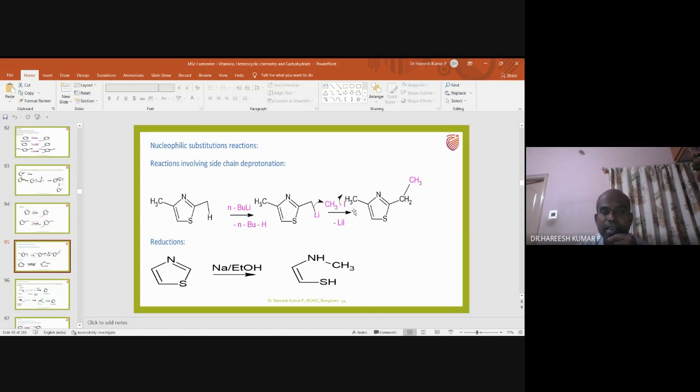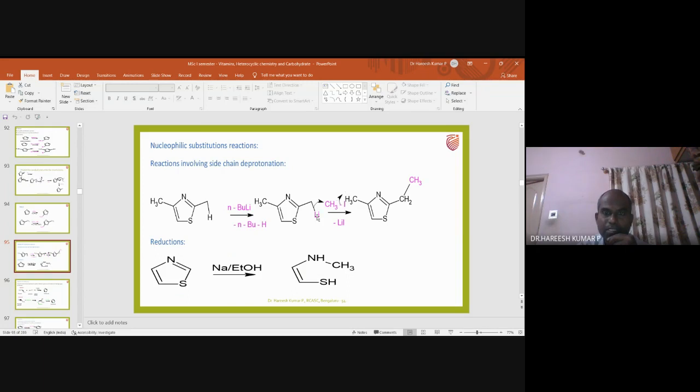That anion, that's what I have written here, reacts with an electrophile. What is the electrophile? Methyl is an electrophile. What is the source of the methyl electrophile? Methyl iodide is a source of the methyl electrophile. Methyl means what you call a carbocation. So this anion forms a bond with this methyl and iodine will go out.